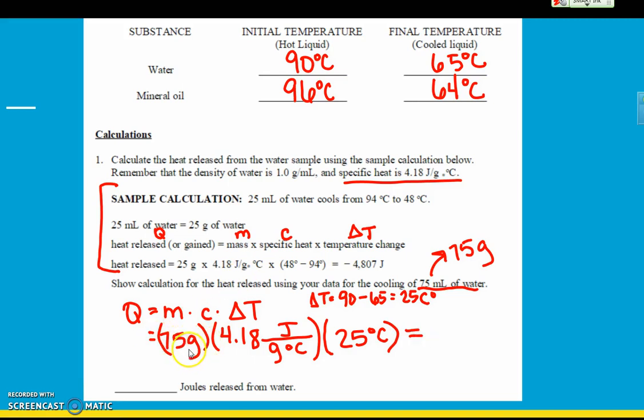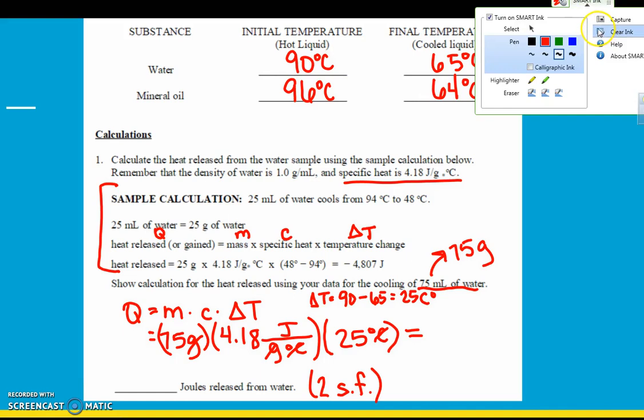It doesn't matter. Make your units cancel, grams cancel, Celsius degrees cancel. You're left with joules. So you're going to multiply those numbers together, and you're going to put your answer in here. And since 75 grams has 2 sig figs, your answer should also have 2 significant figures.